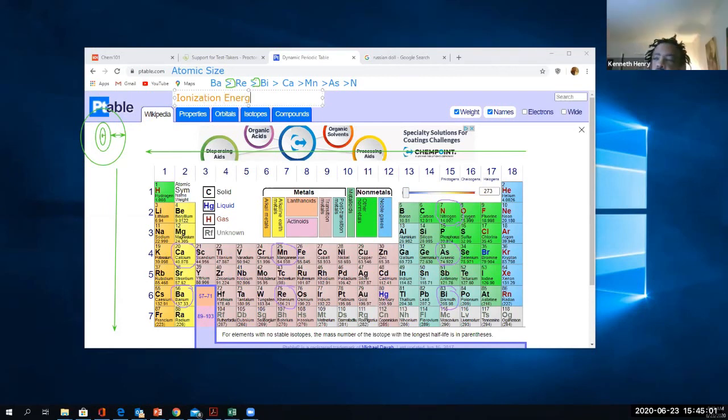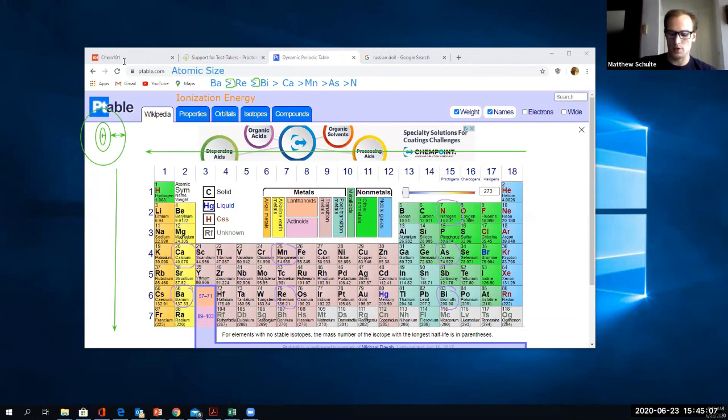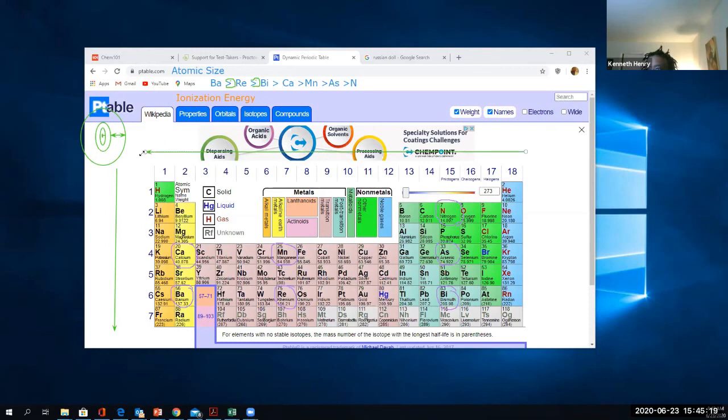Okay, so what is the trend for ionization energy? Left to right. Okay, so we are flipping this, right?